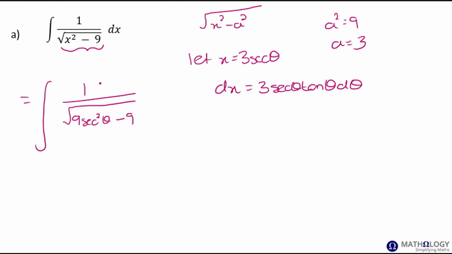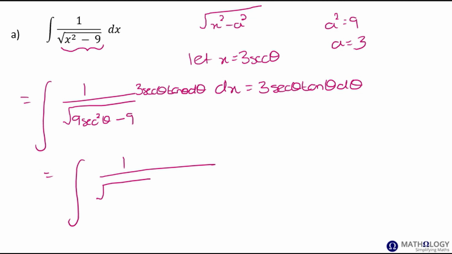So we'll have 3 sec theta tan theta d theta. That equals 1 over, we'll take out a common 9, and then we're left with sec squared theta minus 1 in the brackets, times 3 sec theta tan theta d theta.